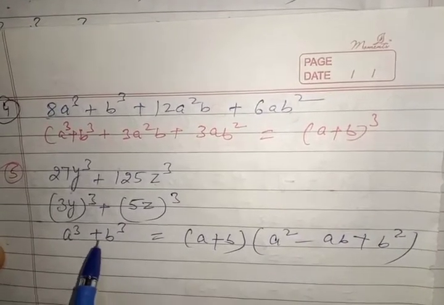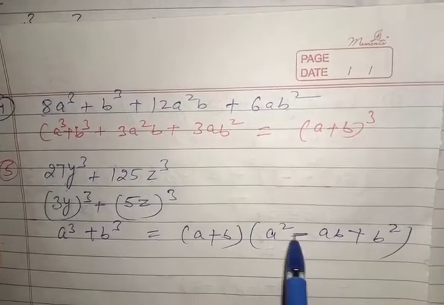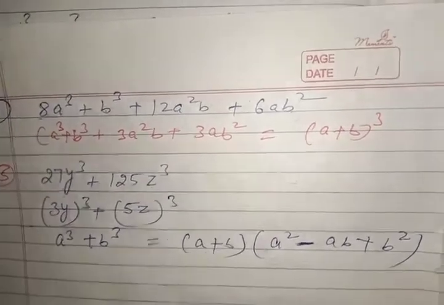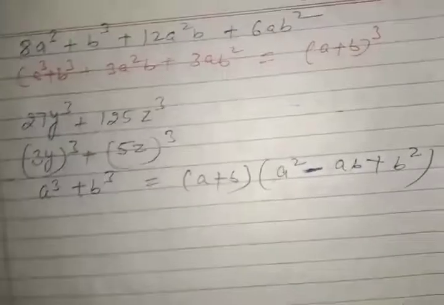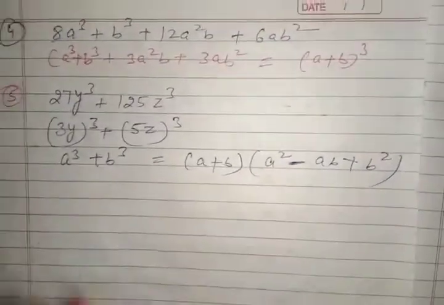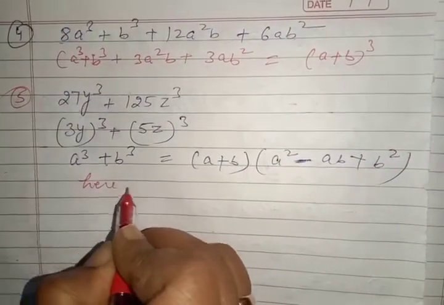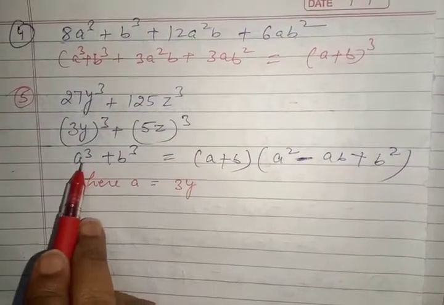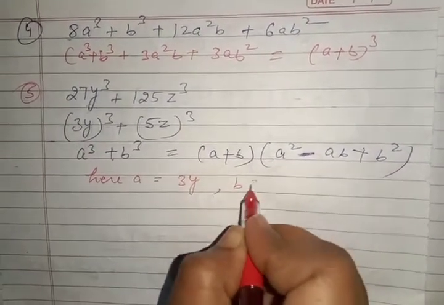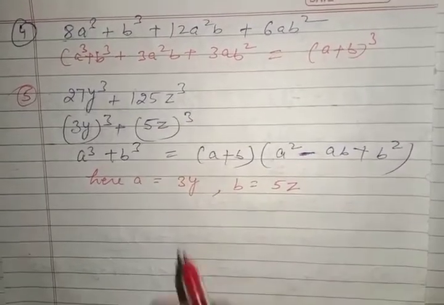Only in this bracket will minus come with ab. This is the way to learn. So you can easily see what a is here. A is 3y if you compare. And what is b here? B here is 5z. Simple.